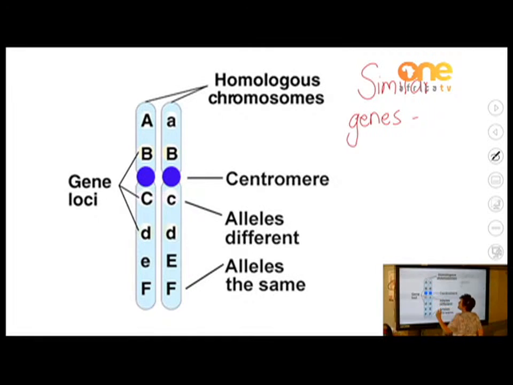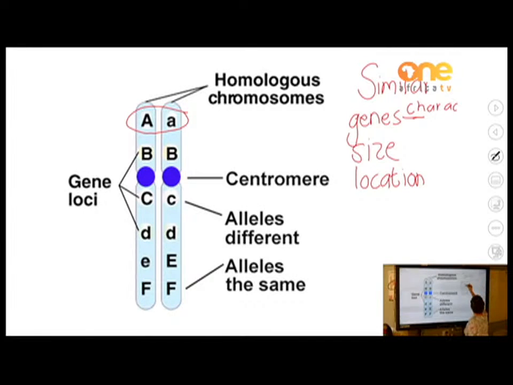We can see the gene that is on that locus is the gene for a specific characteristic, but it is not the same. They will be the same size, and they will be on the same location on the DNA. They will have the gene for the same characteristics. They will be the same size and they will have the same location on the DNA.